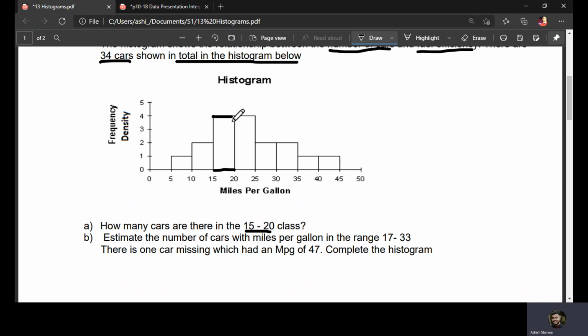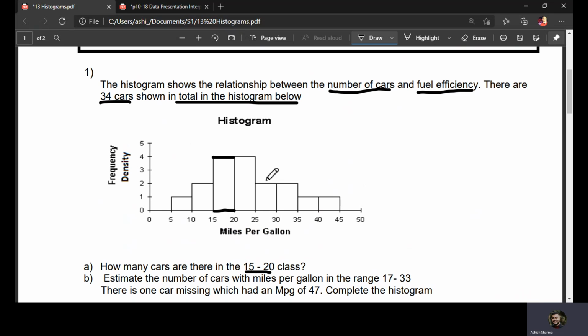Now what we do know is that all the bars added up equal 34. So let's use that information and try to find the total area of all the bars. This is not very difficult stuff. It's very basic mathematics. The area of this bar is 5 times 1.